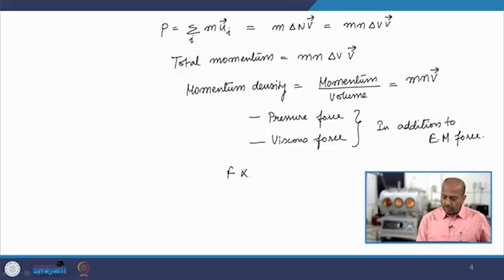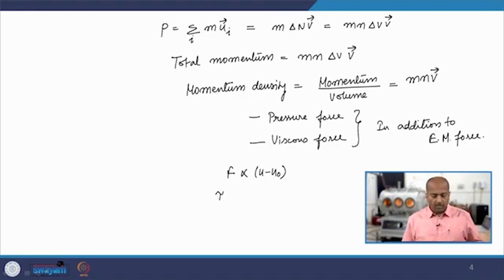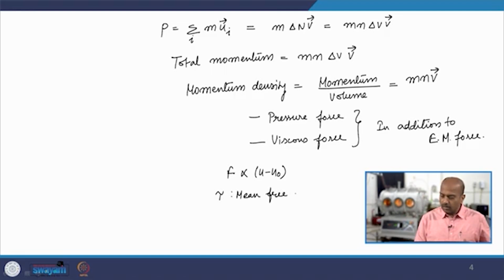So, we can write F is proportional to U minus U naught, and if you bring in tau to be the mean free time between the collisions, then we can write F is proportional to 1 by tau.